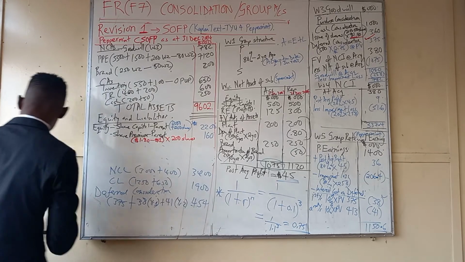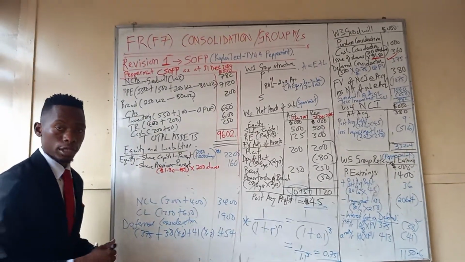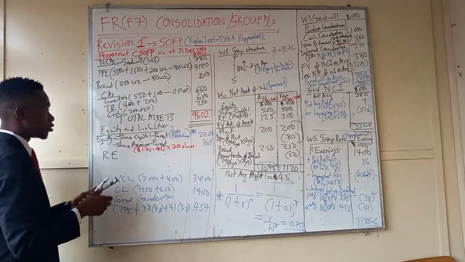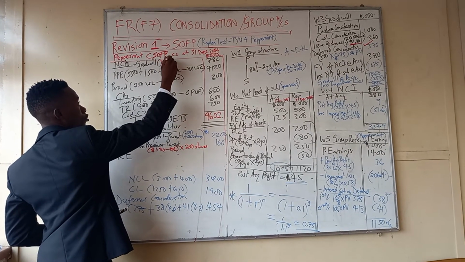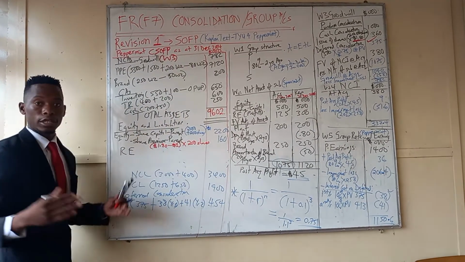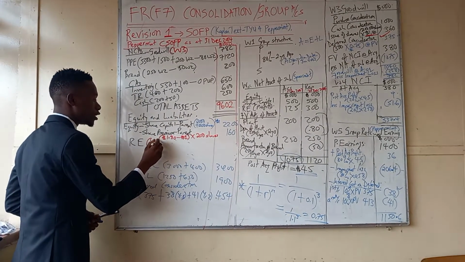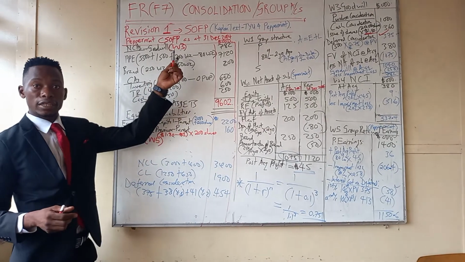Why am I doing this? Because we have not recorded the whole equity. There is also need to account the retained earnings. So just know that when you are preparing the consolidation, you must have working 3 in the statement of financial position, the goodwill, and the retained earnings, the working 5. So you can't only have working 3 and working 5.